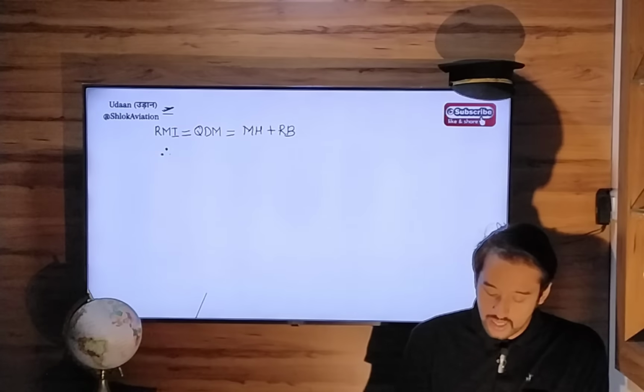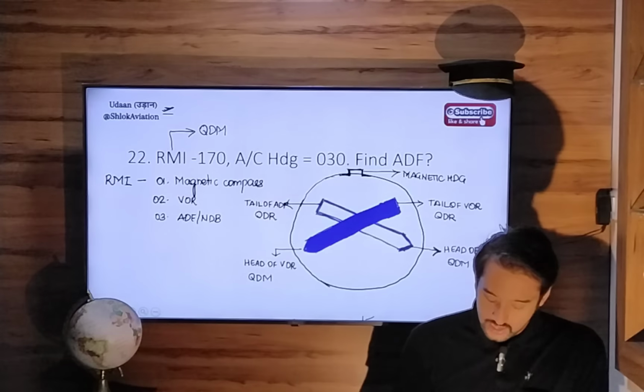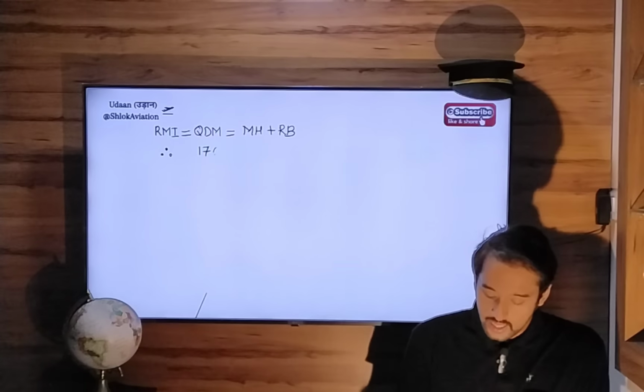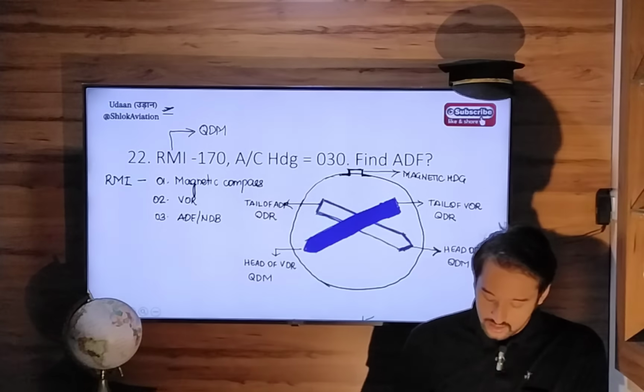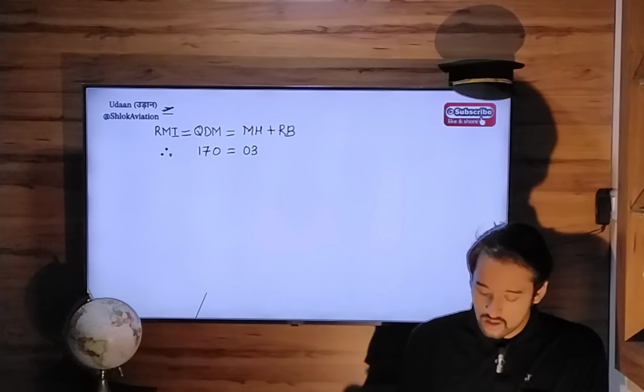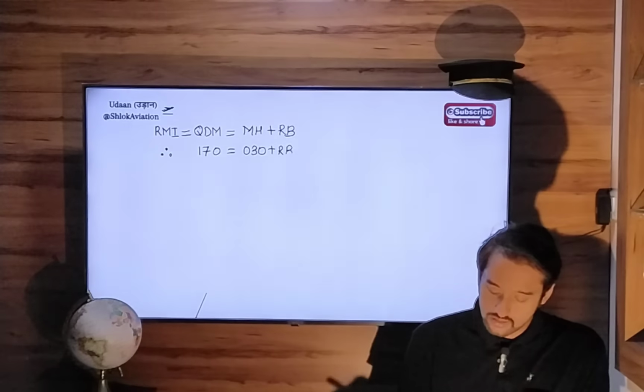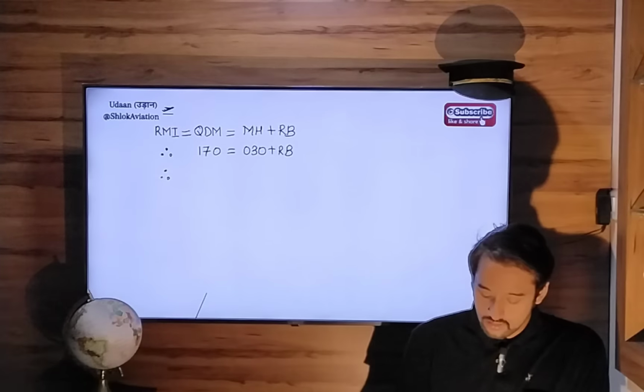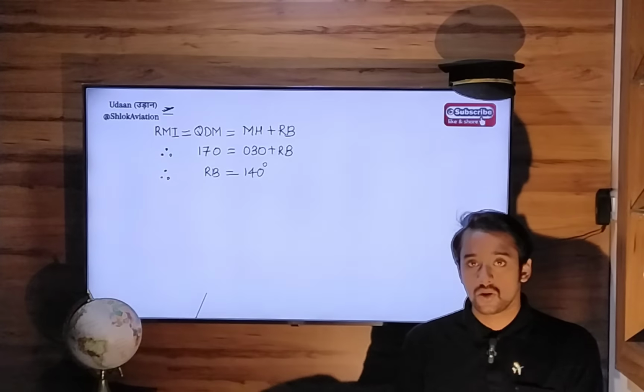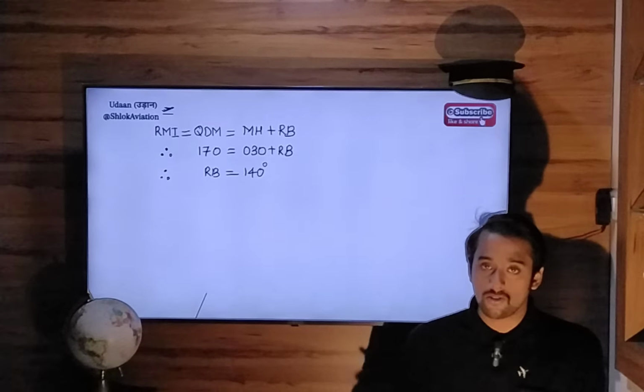Substitute the values. QDM is 170, heading is 30, so relative bearing will be 140 degrees.